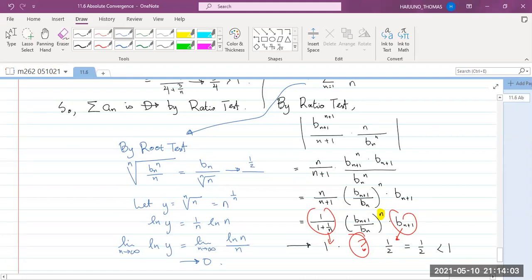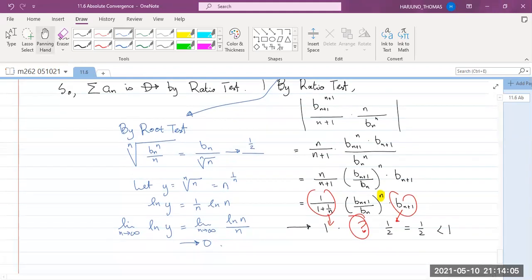Right, that's equal to 0. But we need to use the continuous superposition function, though. Anyway, I do it by faith that this is 0. Therefore, the natural log of the limit as n goes to infinity of y is equal to 0.